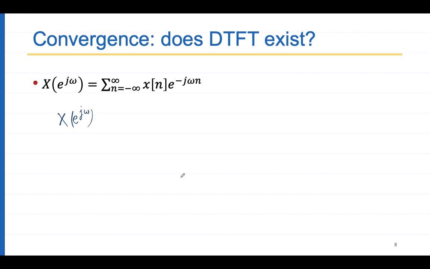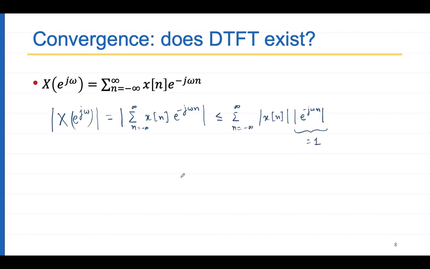So let us see when that happens. My X(e^{jω}) can be written in this form, and I can say that its modulus is less than or equal to the sum of the moduli of the individual parts, x[n] and e^{-jωn}. You know that the modulus of e^{-jωn} is always 1.